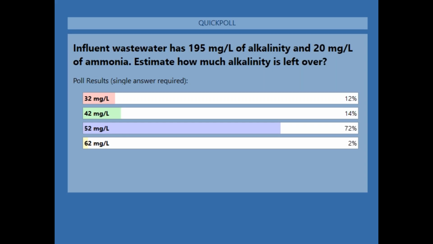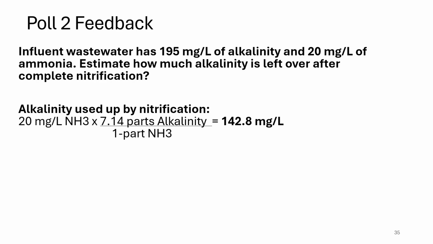I'm going to show the solution here to calculate the alkalinity that was used up by nitrification. We take that 20 milligrams per liter of ammonia, times 7.14 to estimate the amount of alkalinity that we need, and we get 142.8 milligrams per liter of alkalinity that's going to be used up when we nitrify.